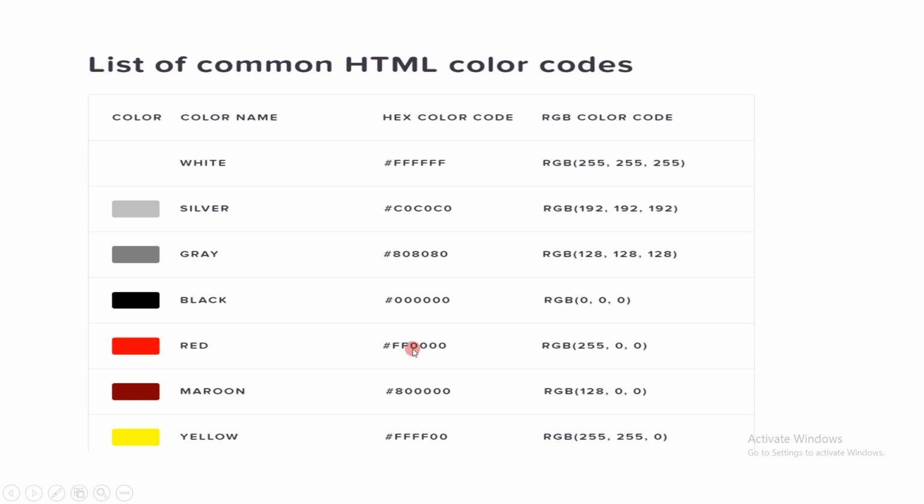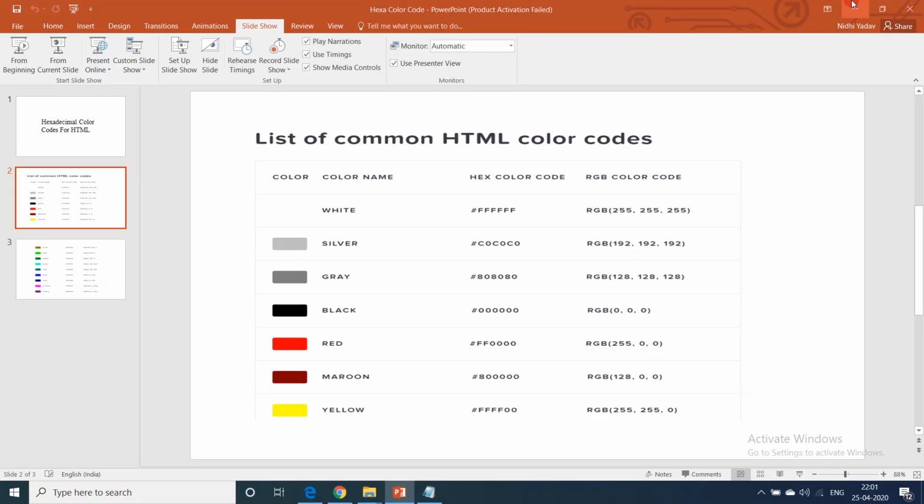When you convert FF into decimal, the value of this FF will be 255. We had learned hexadecimal to decimal conversion. The value will be 255, 0, 0. If I use FF0000, let me see what happens.